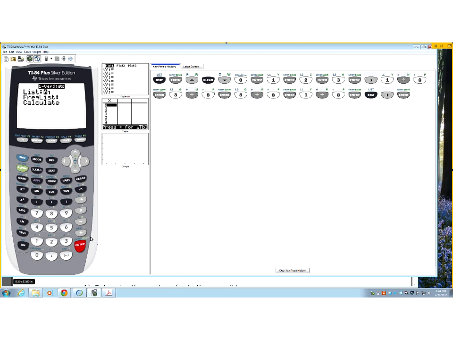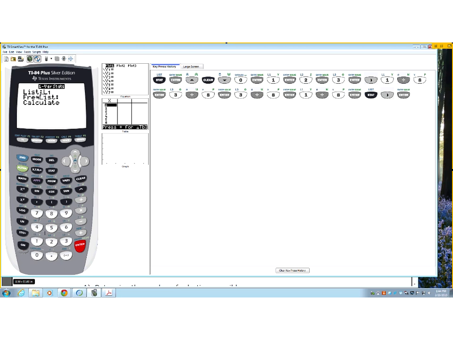Now, if you have the older version of the TI-84, then what you see on your screen is 1-Var Stats, and you have to type in L1, L2, just like I wrote it on the whiteboard. So you'll have to do second, the number 1, comma, second, the number 2. But on this one, I can just go down.